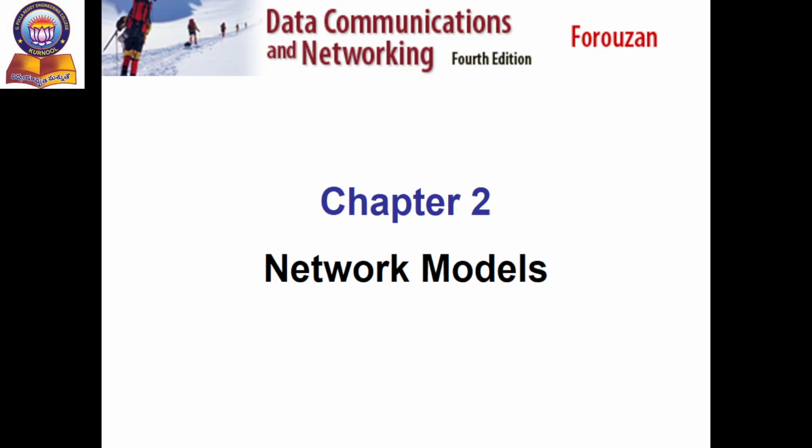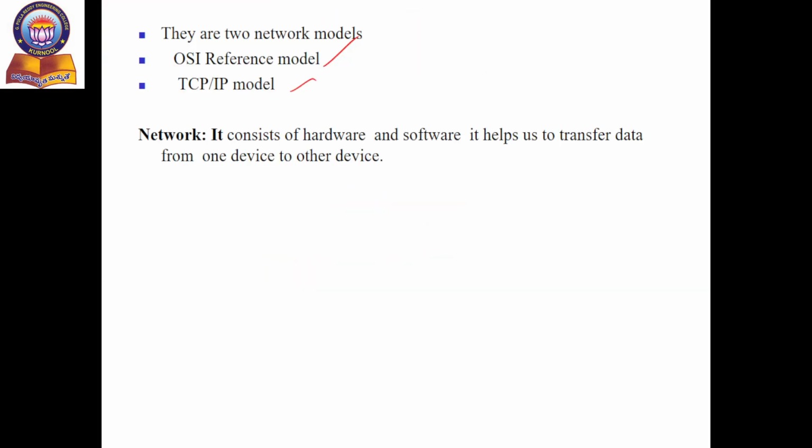Before going into these network models, why should we talk about these two reference models? Because whatever data we send from one device to another device, every piece of data goes through in the format of layers.